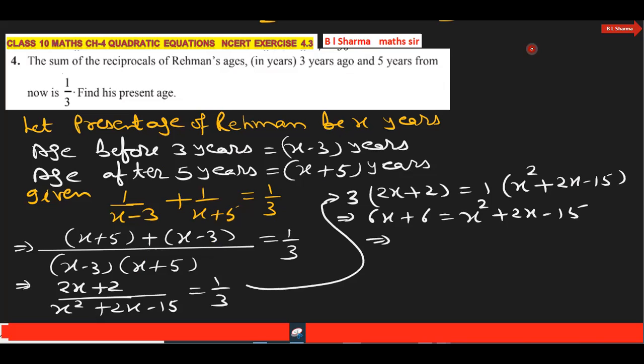On further simplification, that is x square minus 4x minus 21 is equal to 0.